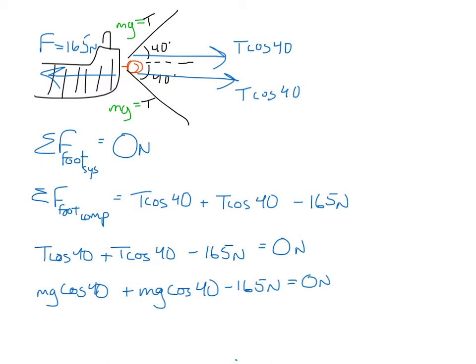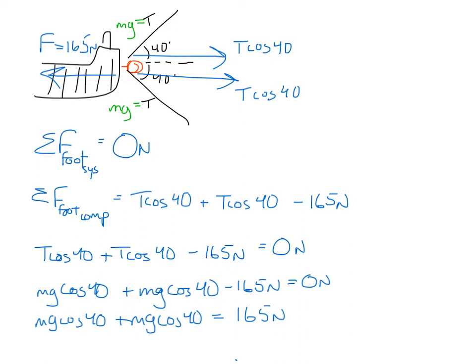Now this one doesn't, so I'm going to rewrite that mg cosine 40 plus mg cosine 40, and move this 165 over to the other side, equals 165 newtons. These two forces right here has to equal out to 165 newtons, so that's what the person feels.